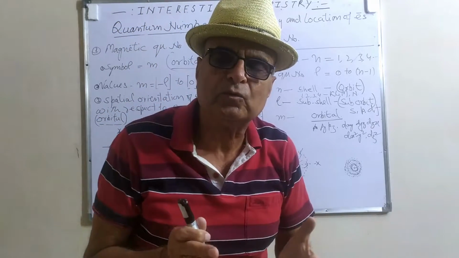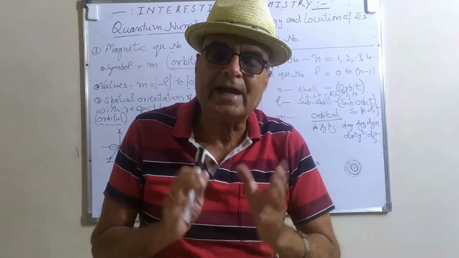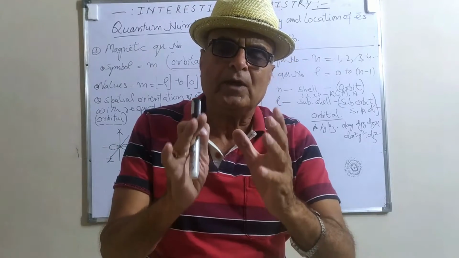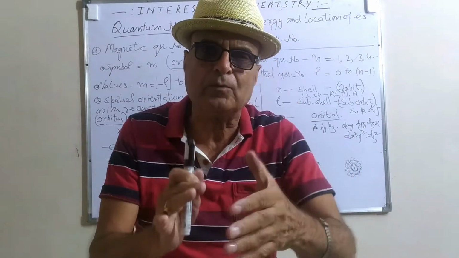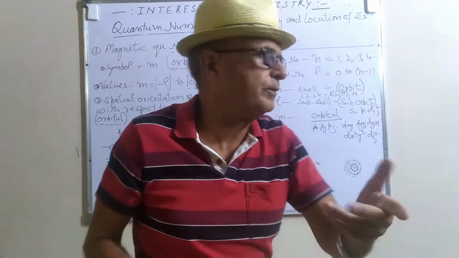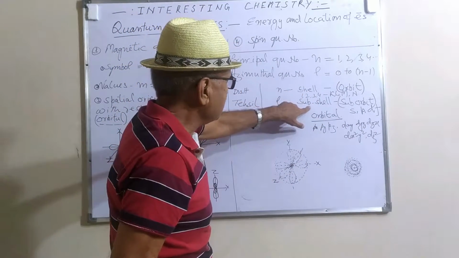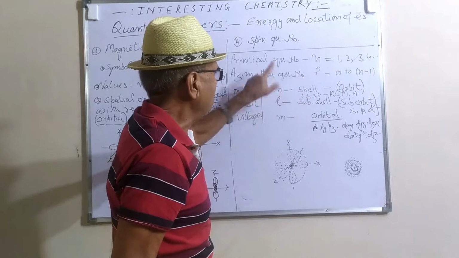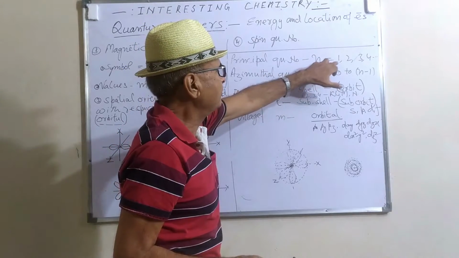Here I want to tell you how you get to know the number of subshells in a shell, or suborbits in an orbit. This one is the shell, this one is the subshell. The azimuthal quantum number tells us the number of subshells for a particular principal quantum number.